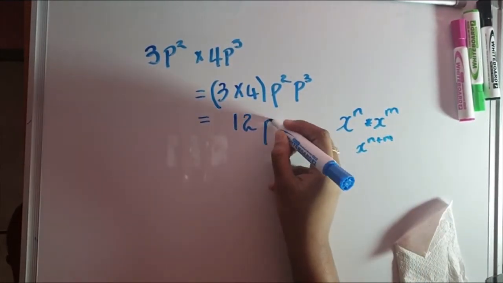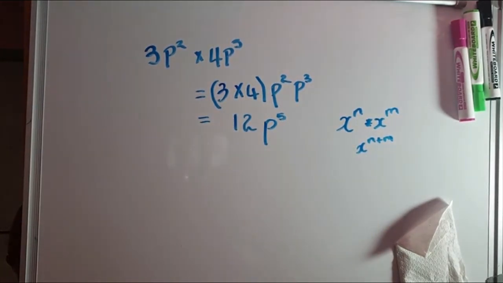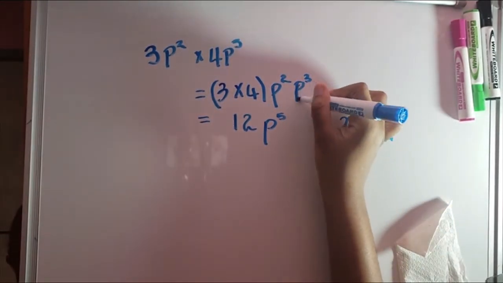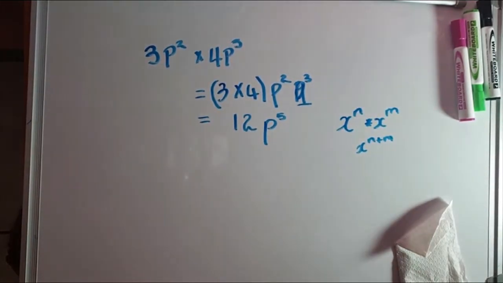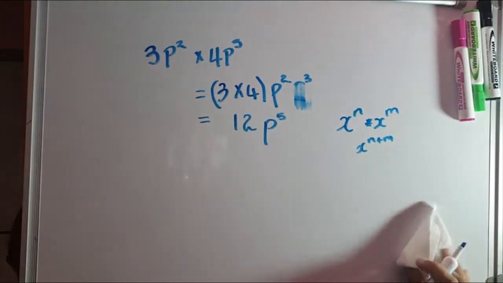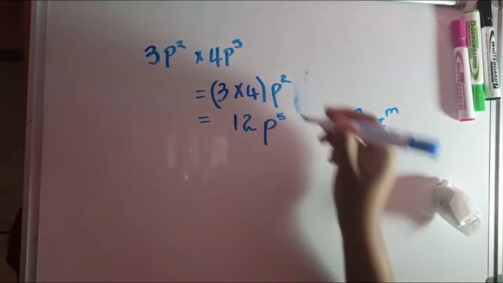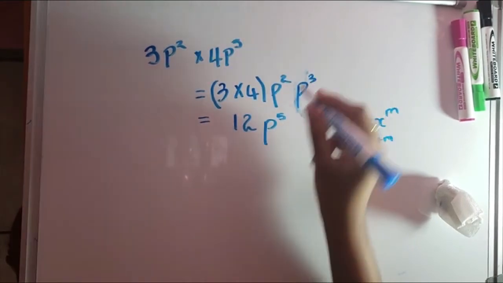So in that case, we just have p to the 5th power. This is only because both of them are p's. If one was, say, for example, q, we couldn't do that. But since the question is talking about p, this is just the final answer.